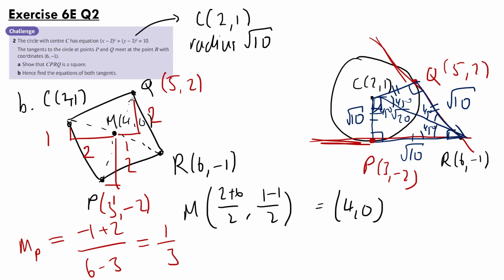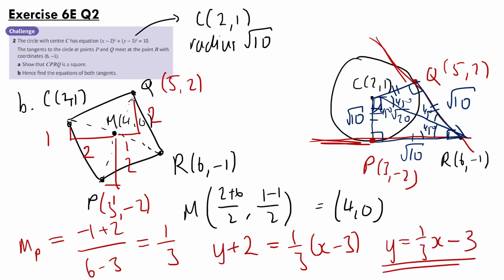And so the tangent is going to be y − y1. So let's choose point (3, −2) here. So y − (−2) is equal to the gradient times (x − x1). So therefore y = (1/3)x − 1 − 2, so −3. And that is the equation of the tangent at P.